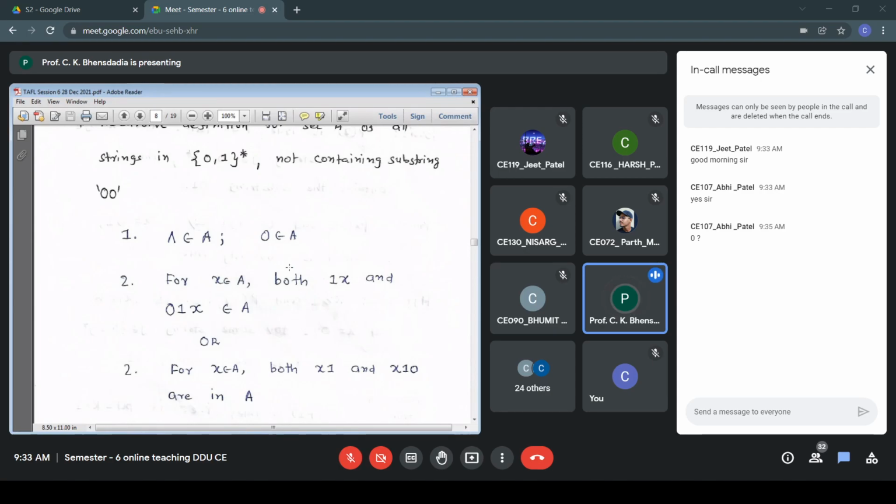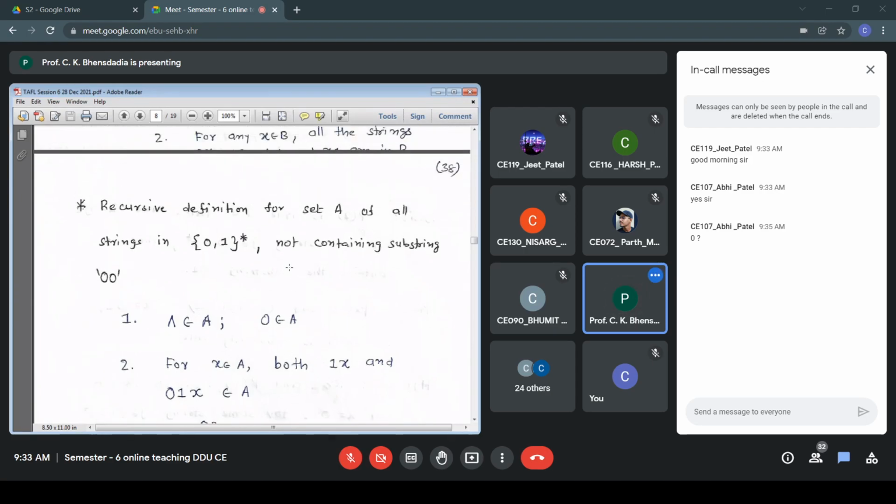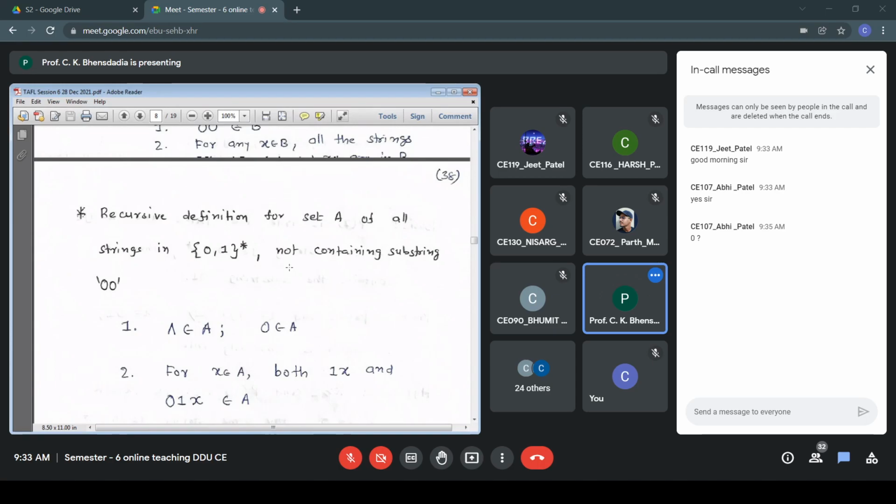So here in rule number 2, let us look at this part only. In rule number 2, after 0, we are putting 1 to ensure that substring 00 is not present. In 1x, for x belonging to A, after 1 we can have anything in x, but anything except 00.